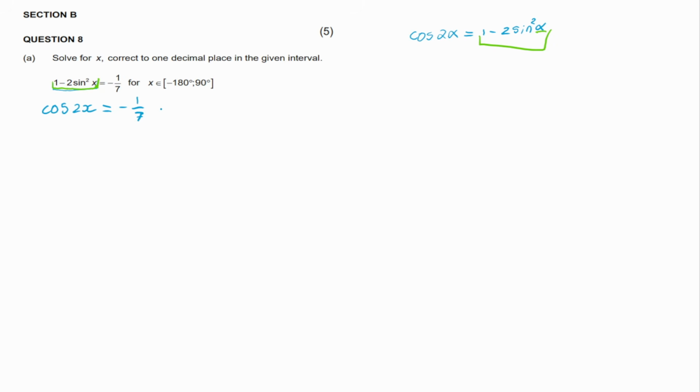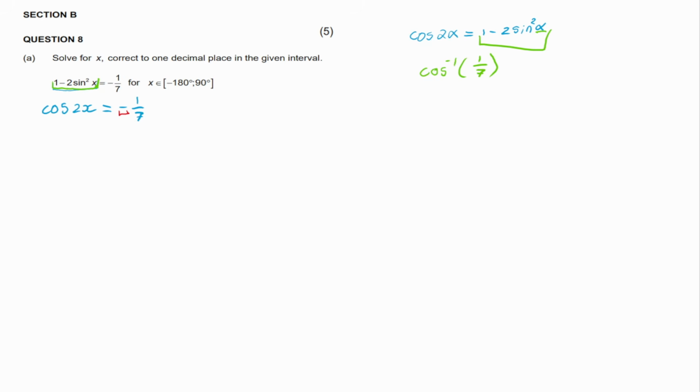Now I can put that in my calculator. Remember, when we do our reference angles, we ignore the minus in front. I'll write what I'm putting in my calculator: cos to the minus 1 of 1 over 7. There's no negative in front.